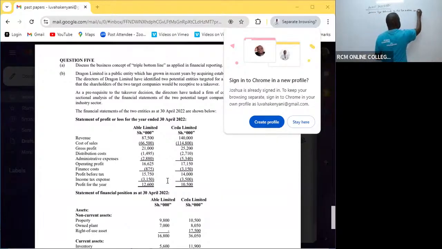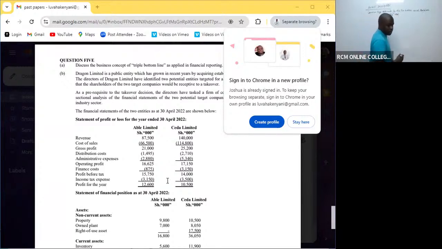As at 30th of April 2022. So we have two companies here. We have Able Limited, and we'll start with the income statement. So that is Able Limited.